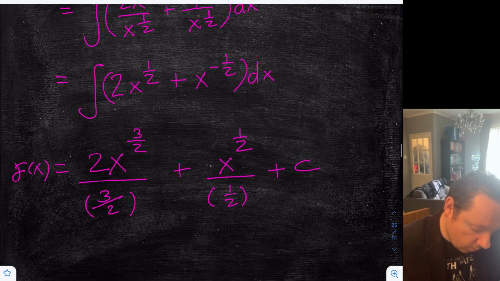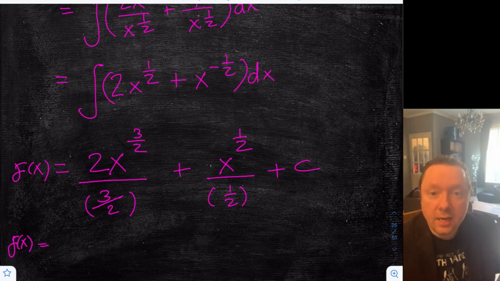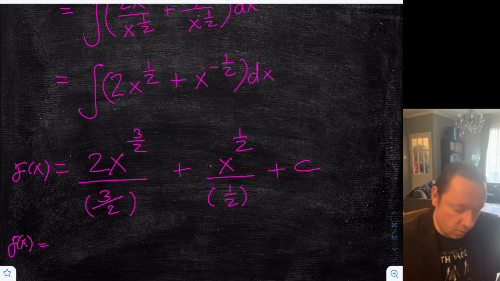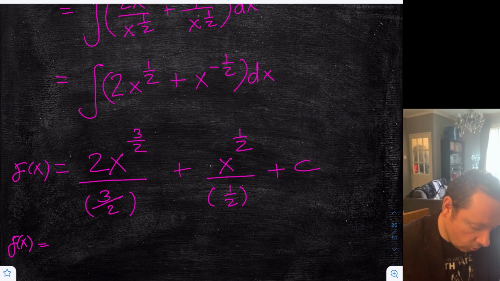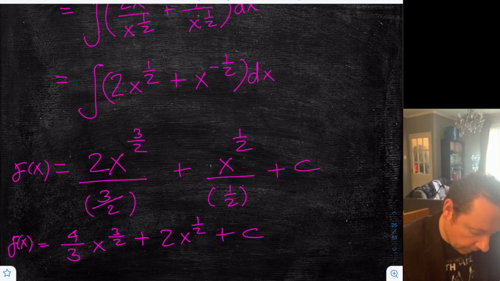Tidying that up a little bit, f of x is equal to, dividing by a fraction means that this times by its reciprocal, so I do 2 times 2 is 4 over 3. So that's 4/3 of x to the 3 halves. And 1 divided by a half is 2, so plus 2x to the half plus c.